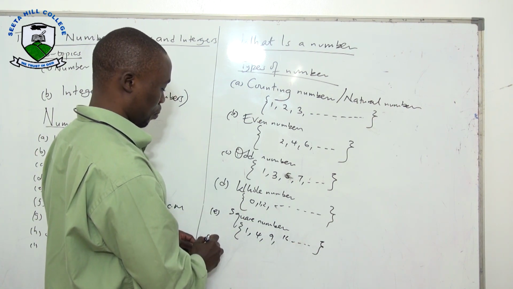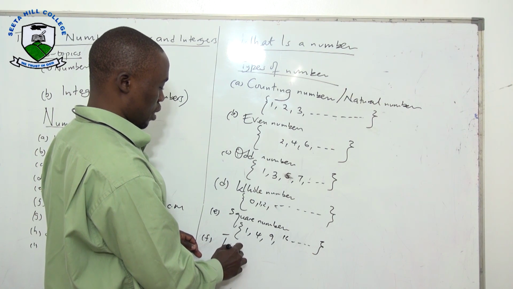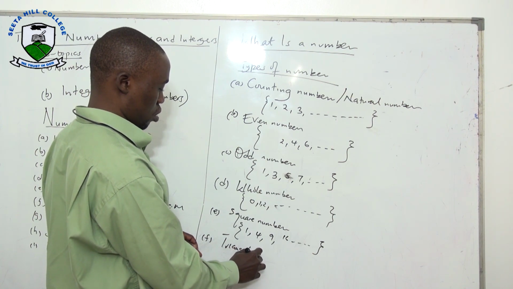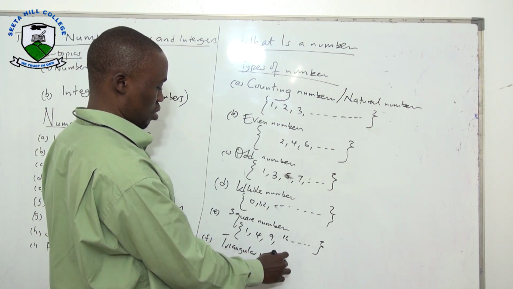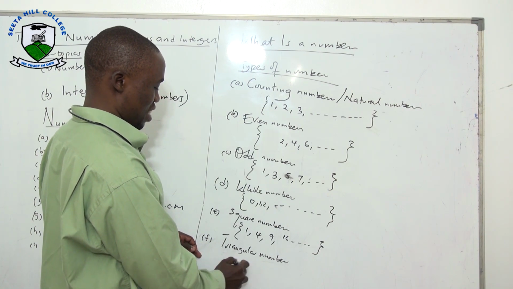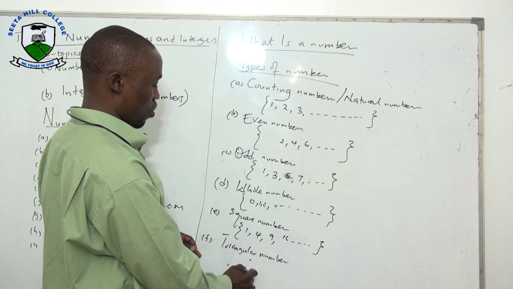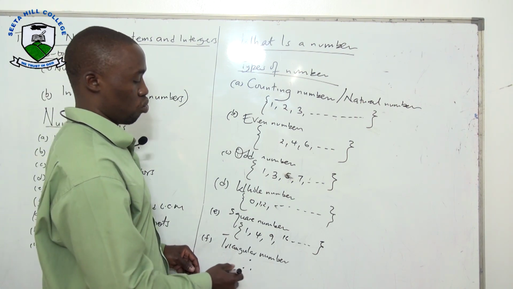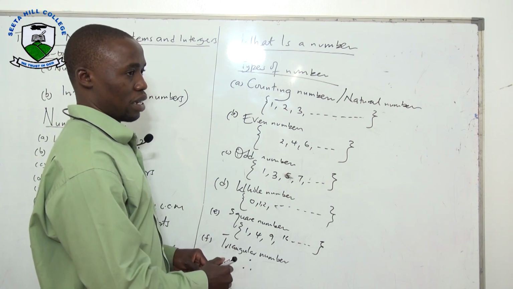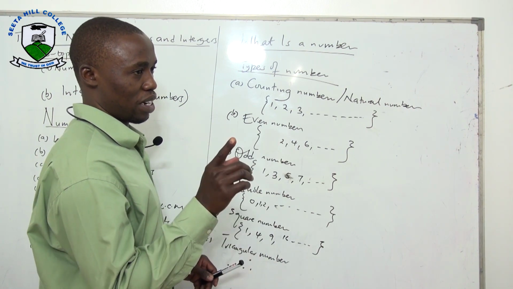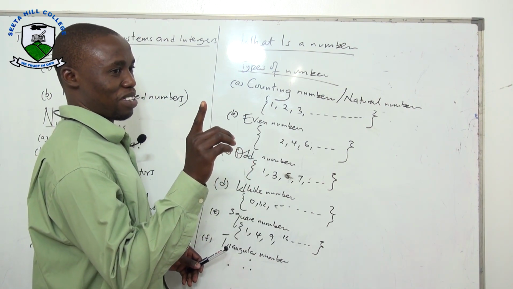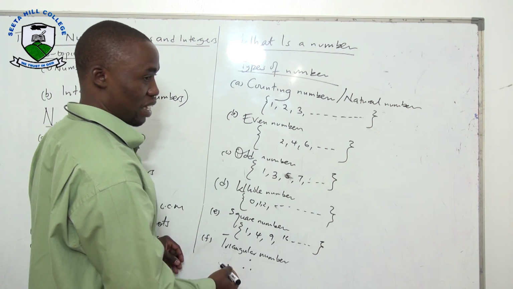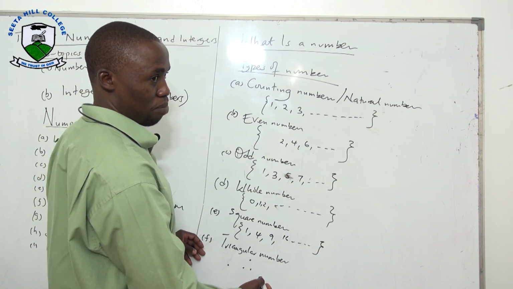Next, triangular numbers. What are they? They are numbers got after adding counting numbers. That means they form patterns of a triangle on trying to draw their patterns. How do you generate them? By adding counting numbers.